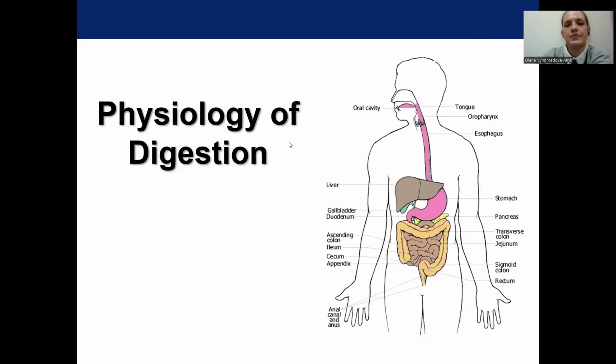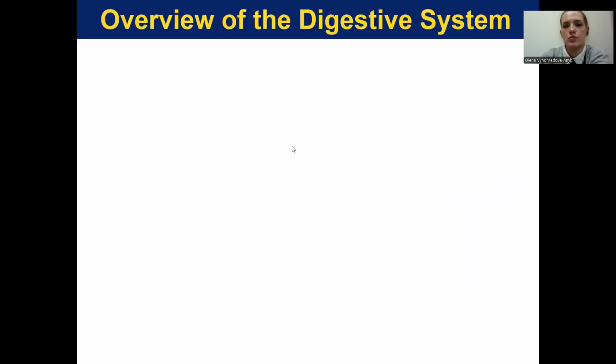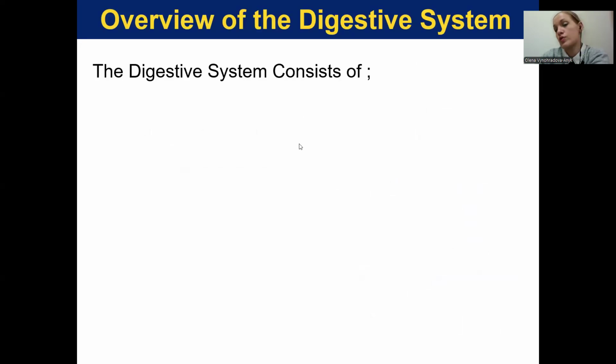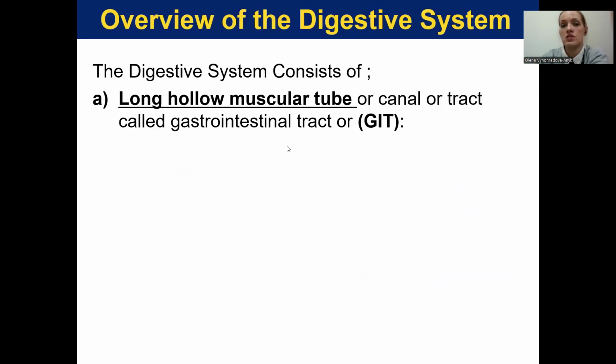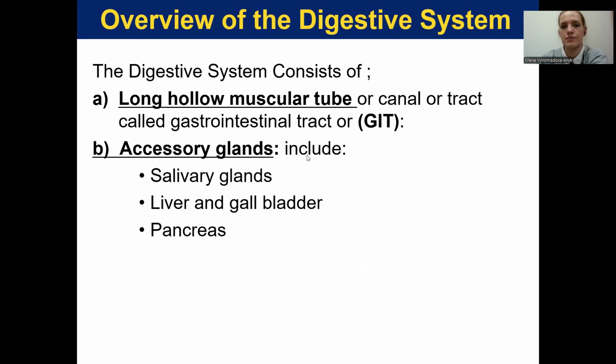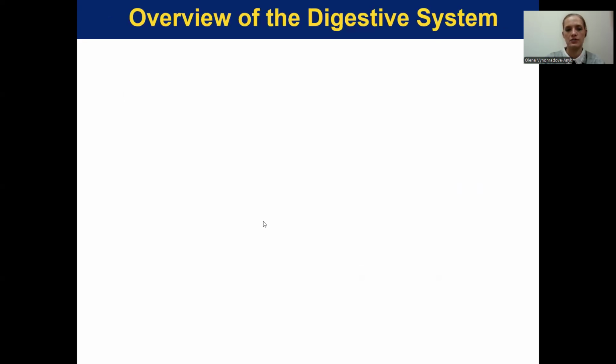Okay. When we are talking about the physiology of digestion, we should say that the digestive system consists of a long hollow muscular tube or canal or tract, which is called the gastrointestinal tract, or GIT. Also here we have accessory glands, including the salivary glands, liver, gallbladder, and pancreas.